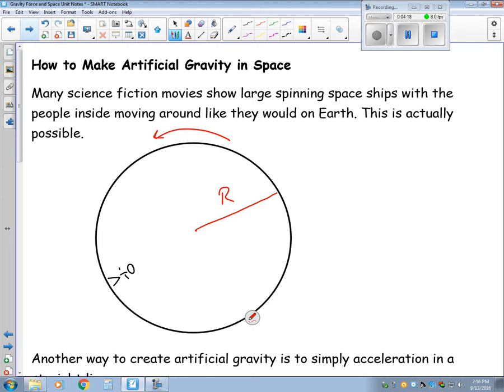It'd be turning with some sort of velocity, and we know that the acceleration would be v squared divided by r. So all we need to do is make the acceleration equal to g. What we would need is a small spacecraft that's moving quickly, or a large spacecraft that is moving slowly. Rotating, that is.